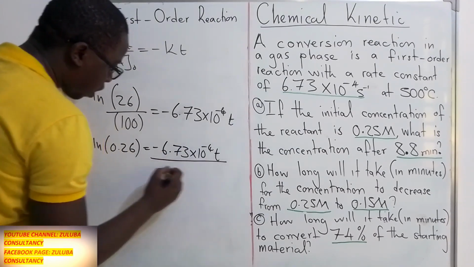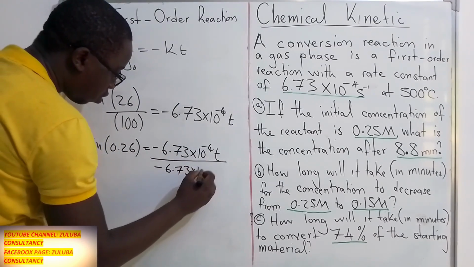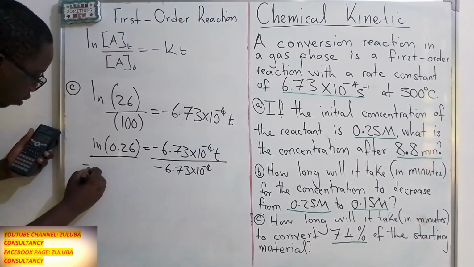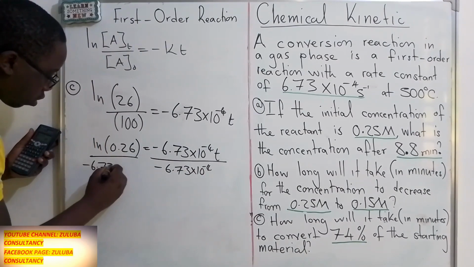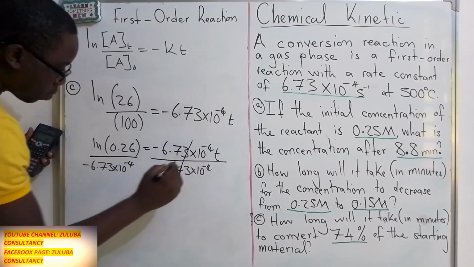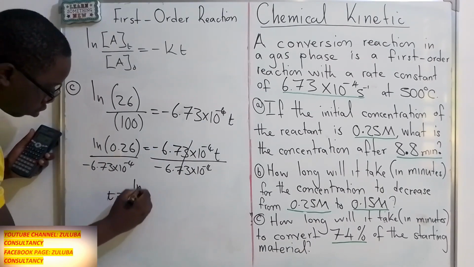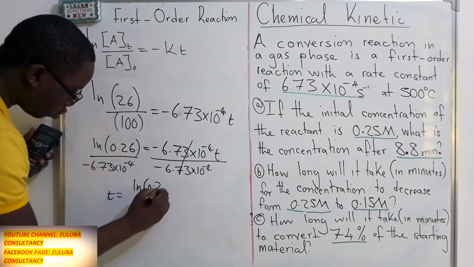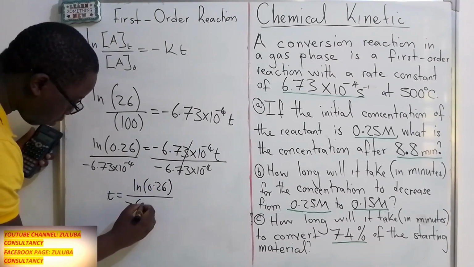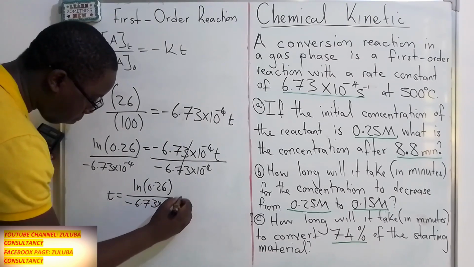We can divide both sides by negative 6.73 times 10 to the power negative 4. Even this side, negative 6.73 times 10 to the power negative 4. So this will simplify. t is equal to the natural log of 0.26 divided by negative 6.73 times 10 to the power negative 4.